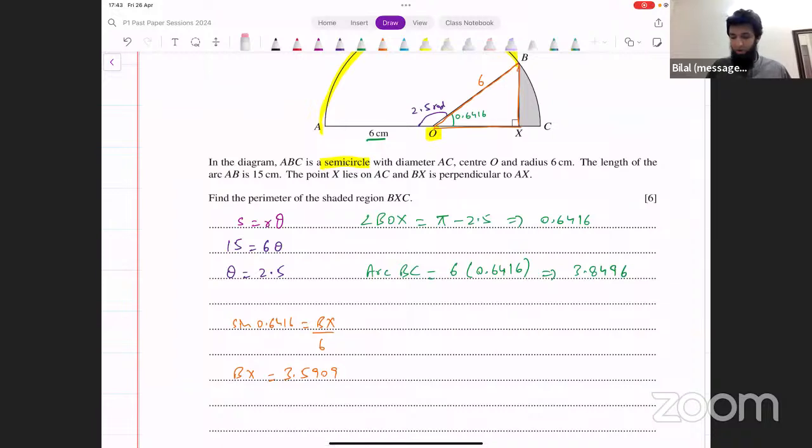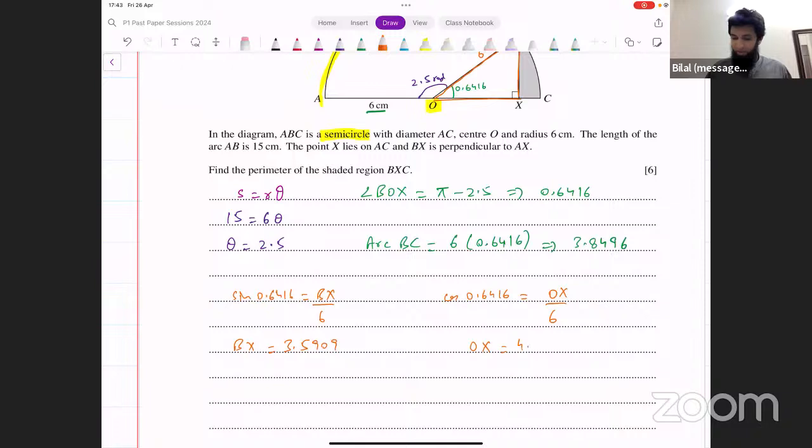We can say cos of 0.6416 equals OX over 6, and that will give us the length OX. Let's see what that is. 6 cos of 0.6416, which is 4.807.